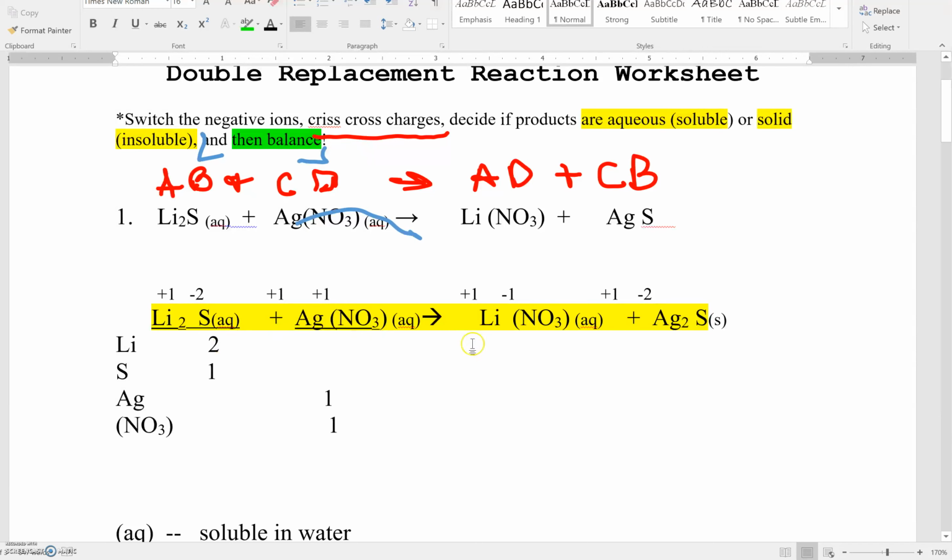Then here's my divider line where the arrow is, and in this compound, lithium nitrate, LiNO3, under that guy, I have 1 lithium and 1 nitrate.